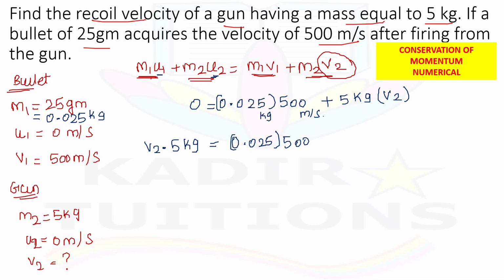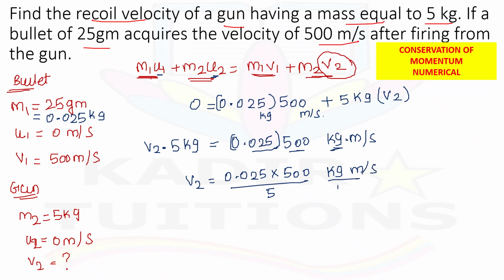The unit is kg into meter per second. So to find v2, the recoil velocity of the gun, it equals 0.025 into 500 divided by 5, with the unit kg meter per second by kg.